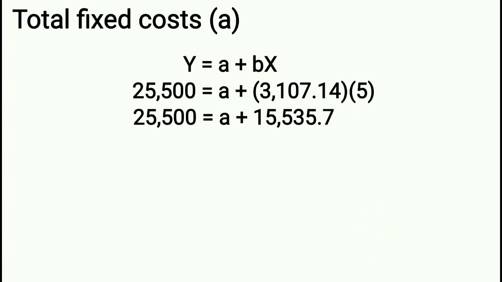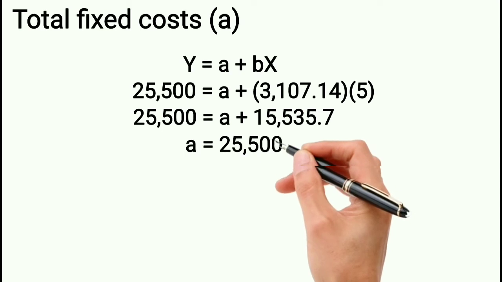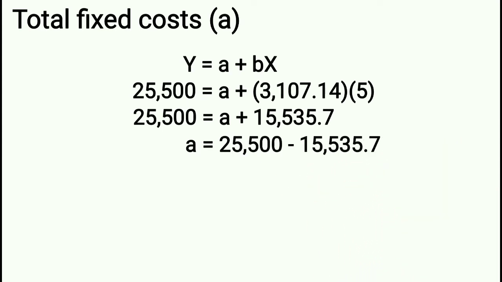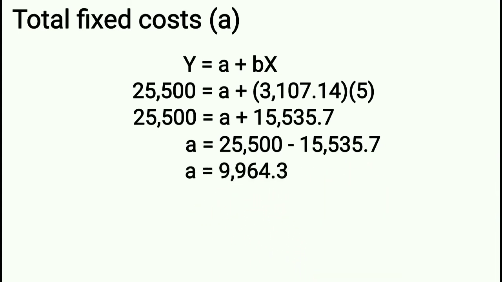Since ang kinukompute dito is yung fixed cost or A is equal to 25,500 minus 15,535.7. That will become A is equal to 9,964.3.